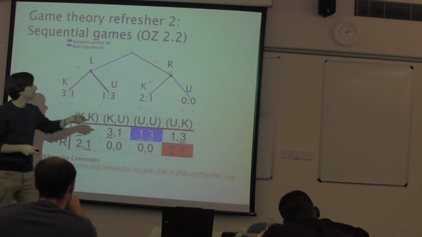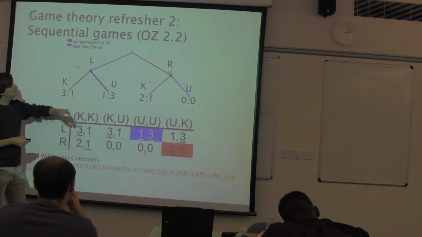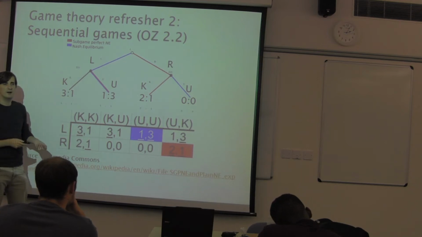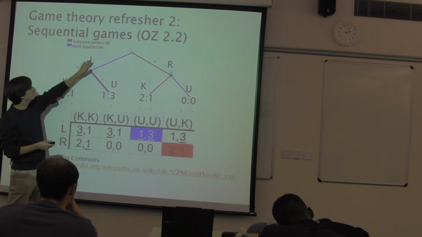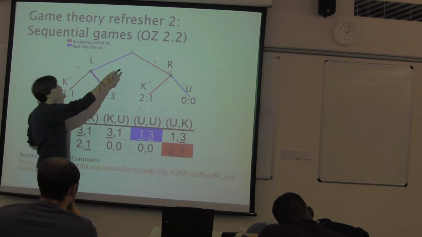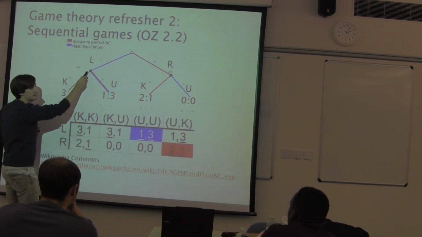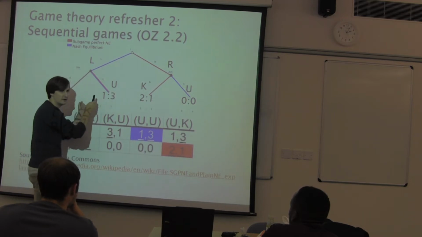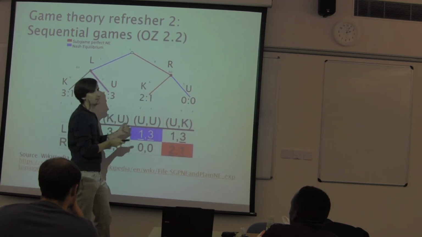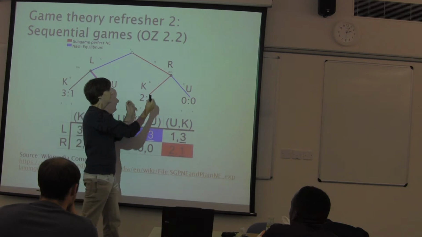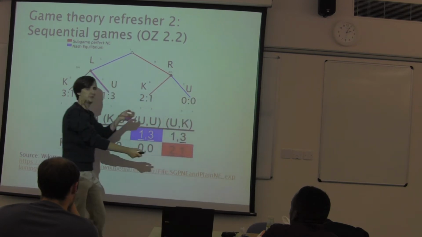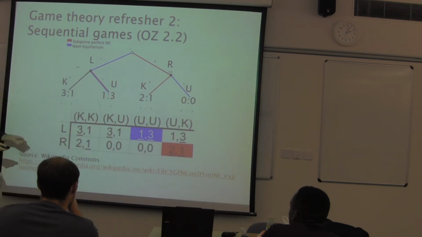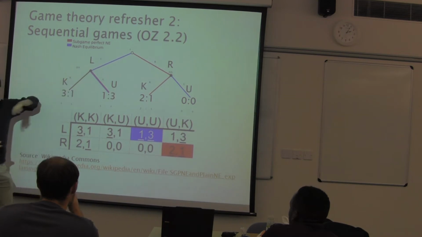So it's a sequential move game with player 1 going first. If player 1 goes left, then depending on what choice player 2 makes, you can get to this world or this world. If player 1 goes right, then depending on what choice player 2 makes, you get to this world or that world.